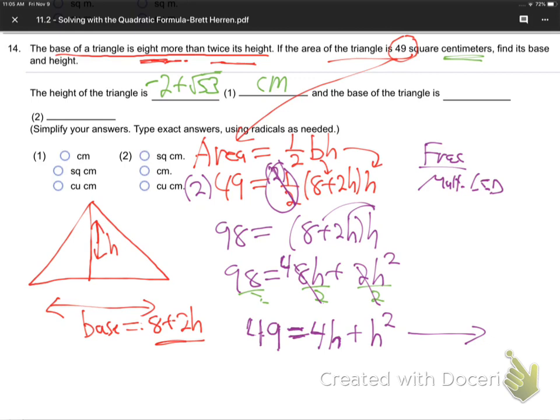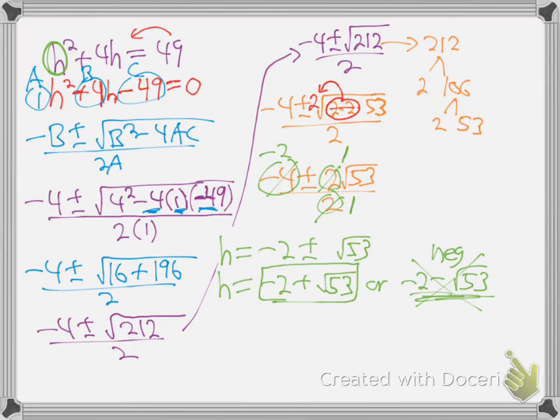And then the base of the triangle, what's the base? Well, the base is 8 plus 2h. Remember that? So we got to go back to that. So the base is 8 plus 2h, that equals 8 plus 2 times h. And what is h? This is h here.